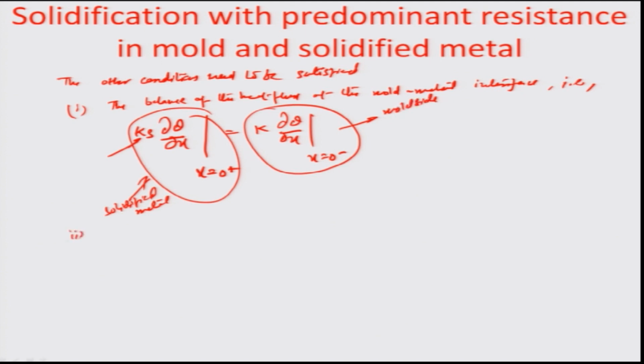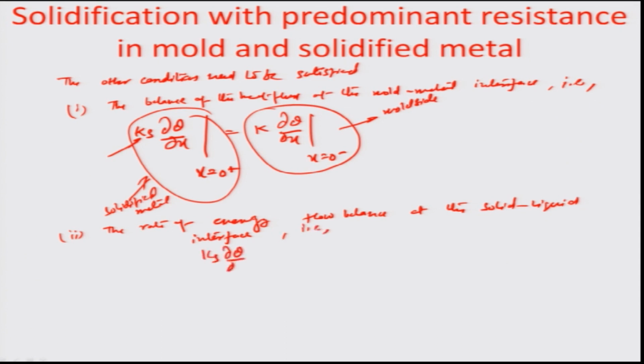Number 2 is that the rate of energy flow balance at the solid liquid interface, that is Ks del theta by del x at x equal to delta, which is basically at instant t.